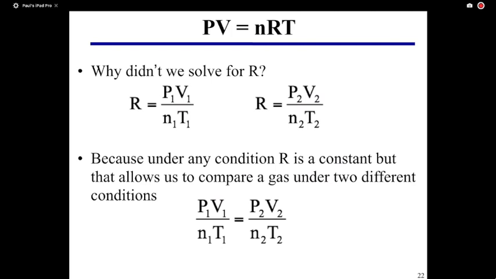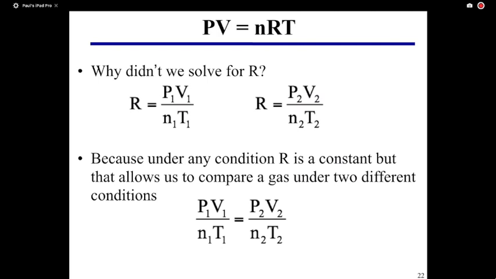Okay? I didn't solve for R. Why did I not solve for R? It's a constant. Now here's the deal. Doesn't matter what the pressure, volume, number of moles, and the temperature is, it should equal R. And so if I have a gas at one condition that has 4 different conditions, that's fine.